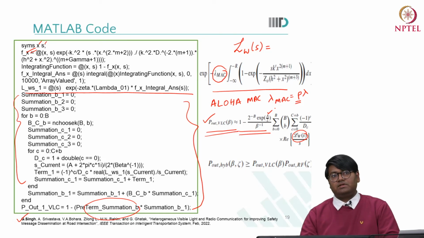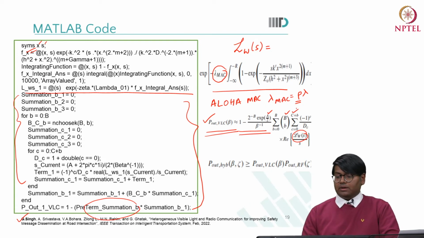The error estimation can be controlled using these parameters A, B and C. So we implement this outage expression using simple MATLAB programming. The details of how we obtain this outage probability can be found in this particular reference.